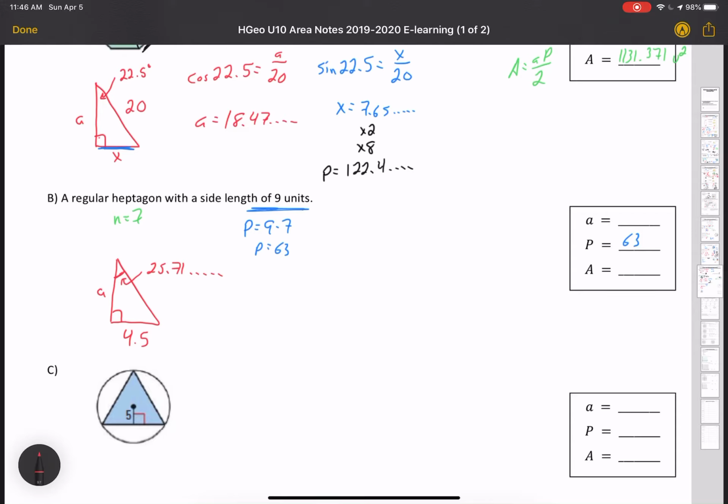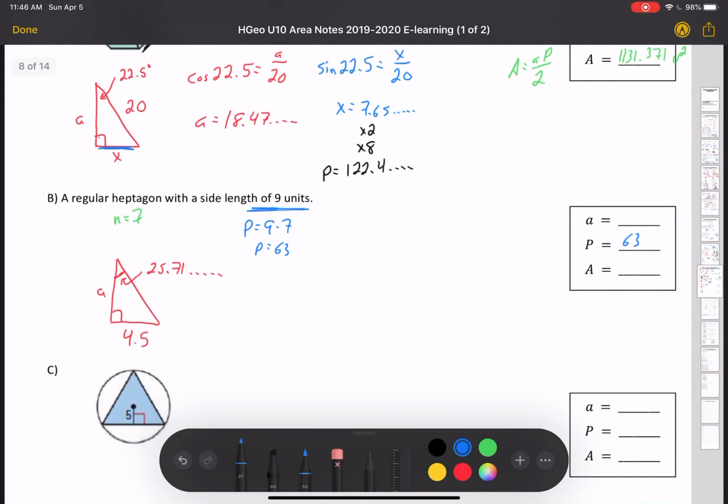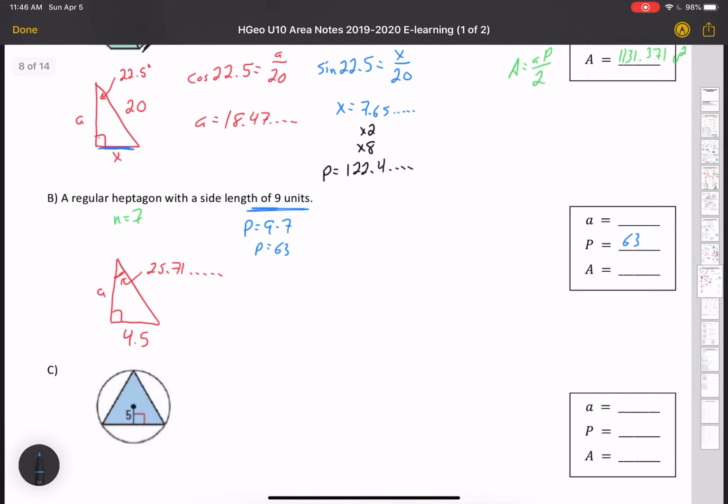So now is the time to set up our trig. So I'm going to use tangent here. Tangent of 25.7 and so on equals opposite over adjacent.